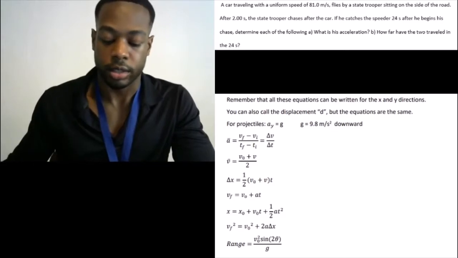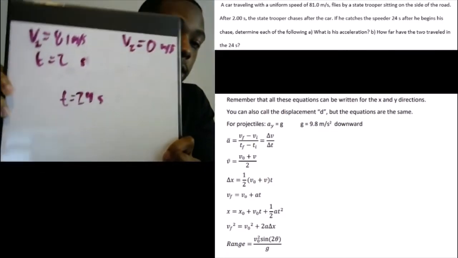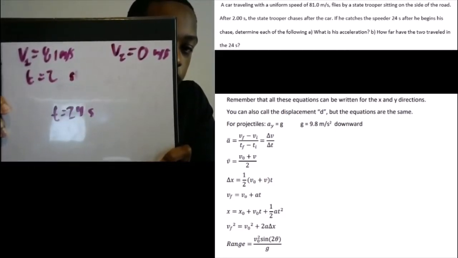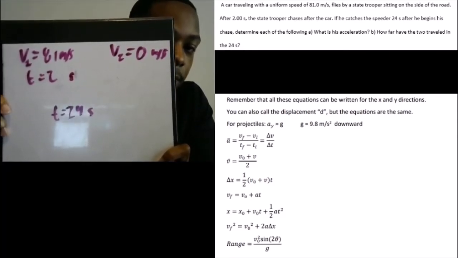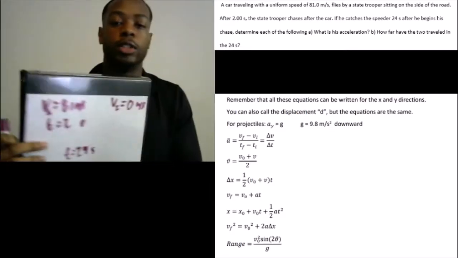So let's see, I'll show you what I have written down so far. We've got V1, which I said is the car, 81 meters per second, and he goes 2 seconds before the cop starts chasing him. The cop's initially at rest, so 0, and the cop catches him in 24 seconds. So at 24 seconds, what's the scenario?